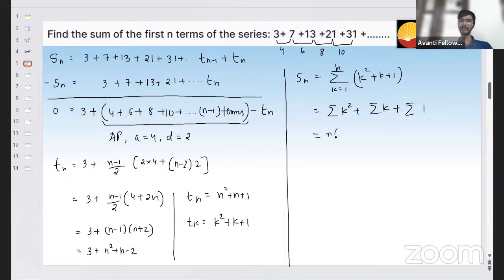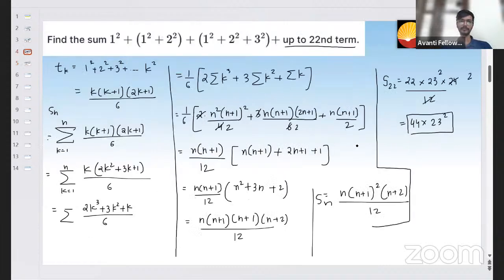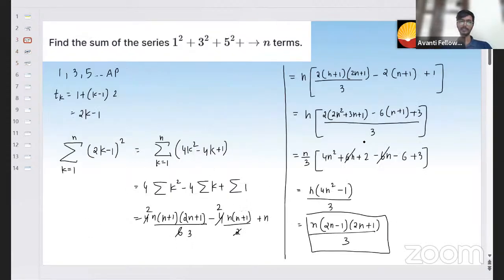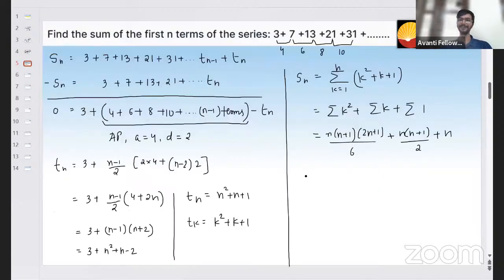Summation k square is n into n plus 1 into 2n plus 1 upon 6, plus n into n plus 1 upon 2, plus n. I think we did this, right? We did the k square one, we can directly get the result. Oh, it was 4 and all. Okay, no problem. We'll have to do it again.